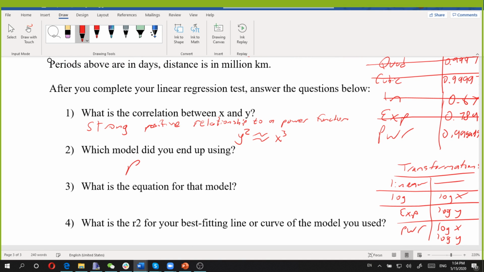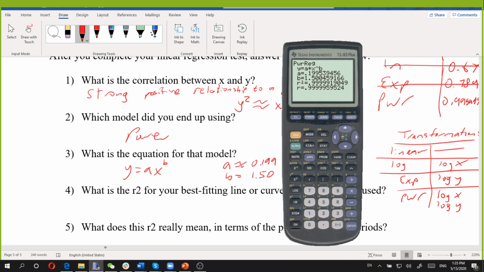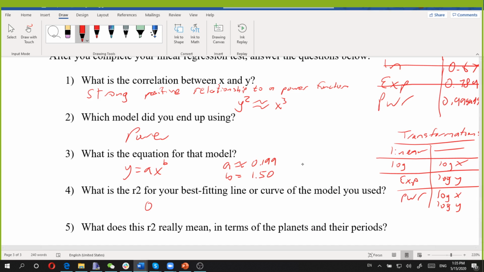Okay, we used a power model. And our equation for that model is y equals ax raised to the b, where a was around 0.199 and b was 1.50. Okay, r squared.